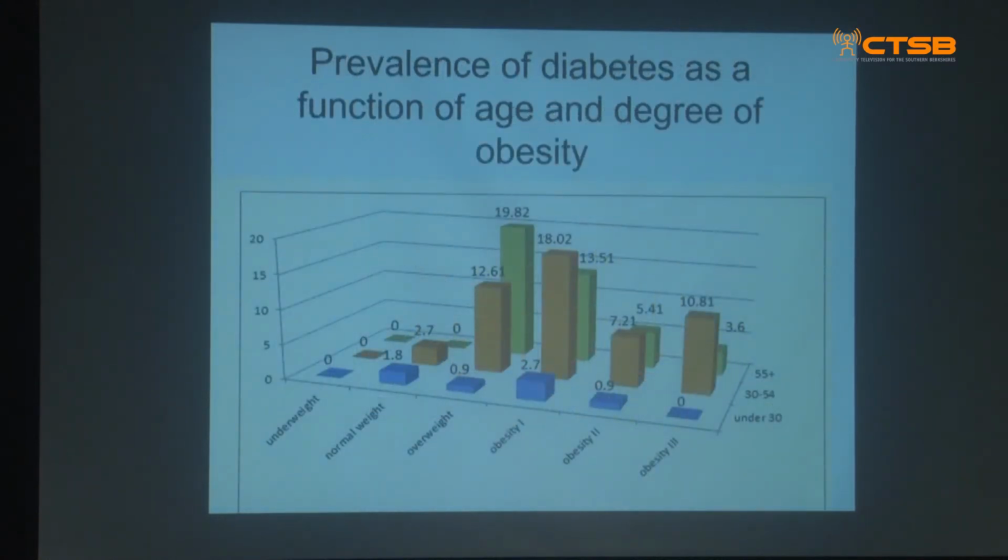All right, how about this idea that obesity is the biggest risk factor for diabetes? Well, in our study, we found that the highest rates of diabetes were in those people that were in the overweight category, not in the obese category. And even the extremely obese people didn't have as much diabetes as those in the overweight category.